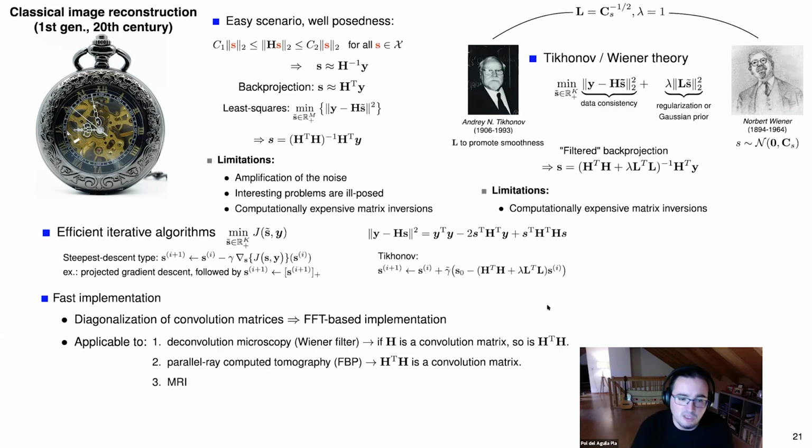This is applicable to, for example, convolution microscopy or the original formulation of the Wiener filter, because if H is a convolution matrix, so will be H transpose H. Then it's also applicable to parallel ray computed tomography, so in the end, filtered back projection, because H transpose H is a convolution matrix. And then also to MRI, because the H matrix in MRI is simply based on Fourier transform coefficients.